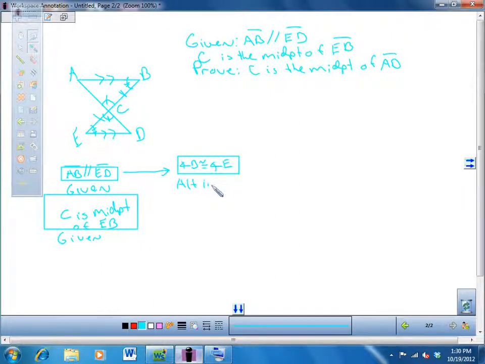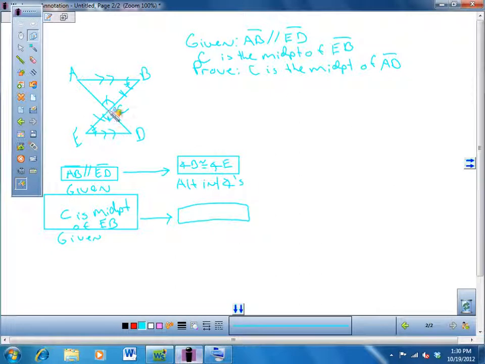And we had a conjecture back when that said if the lines are parallel, then the alternate interior angles are congruent. So you have to have a reason for each thing. What did C being the midpoint allow me to conclude? Nice. Good. Very good. Who said that? Devin? I did. Good. Okay.